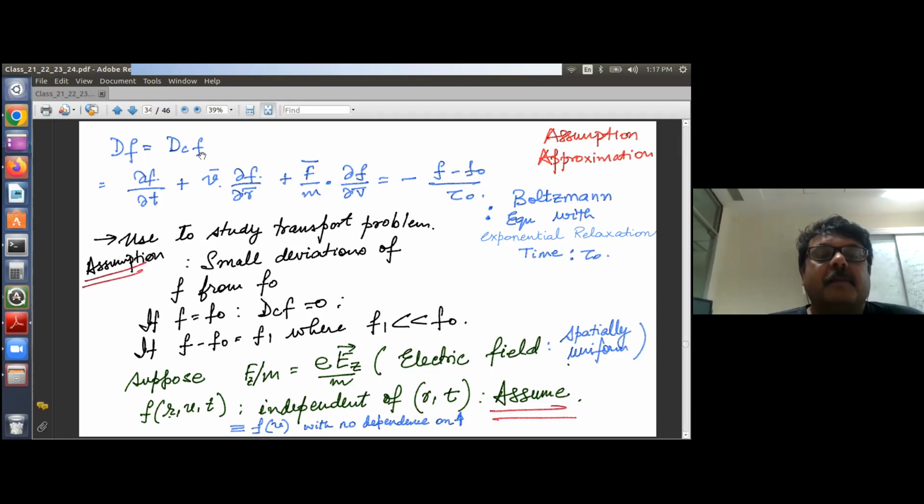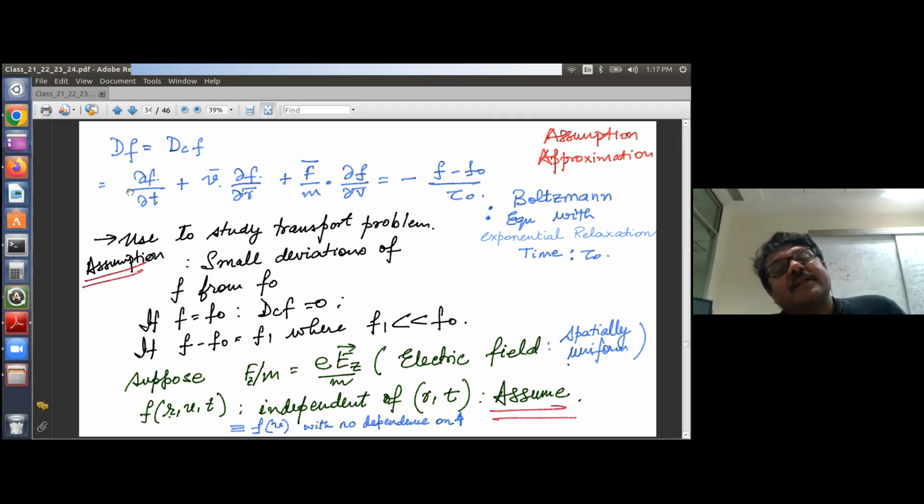But remember, if there is no external field, then this F by m equal to 0, right? So basically, the distribution function will move around in space, but there is also no del f del r, because it is uniform all over space, because it has reached equilibrium.